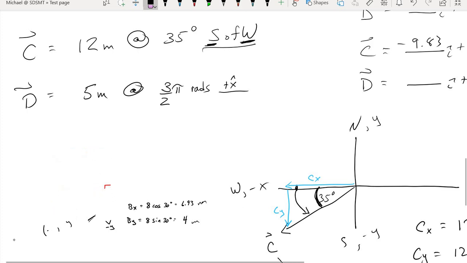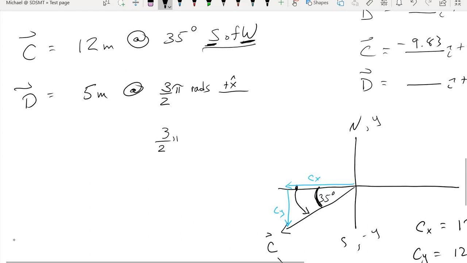So I'll make myself some room here. The first thing that we probably want to do is convert our angle from radians to degrees. So we're starting here with 3/2 pi radians.